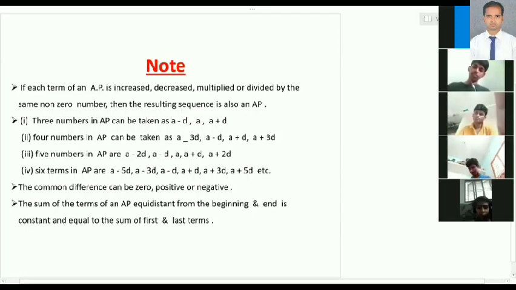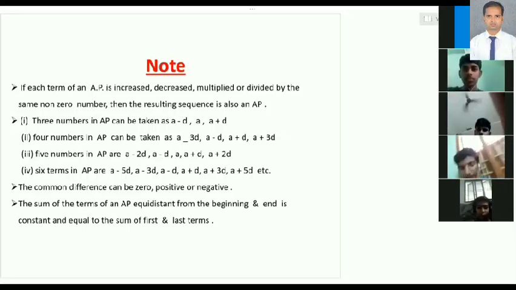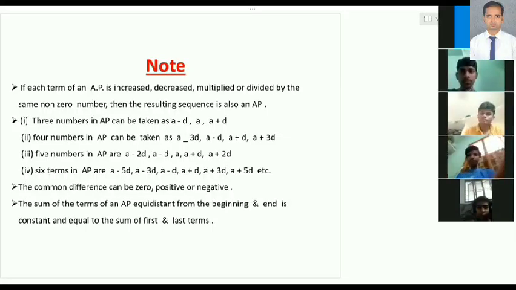What they are saying: three numbers in AP can be taken as A minus D, A and A plus D. Why? Can you tell me, Aditya? Why should we take three numbers in AP as A minus D, A and A plus D?